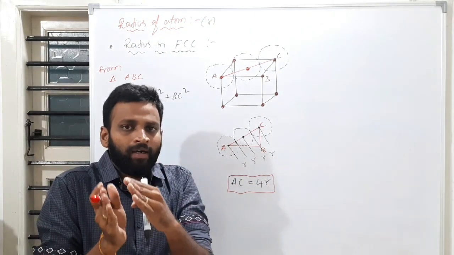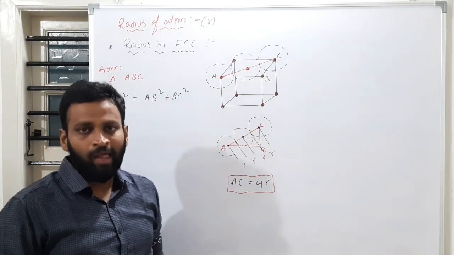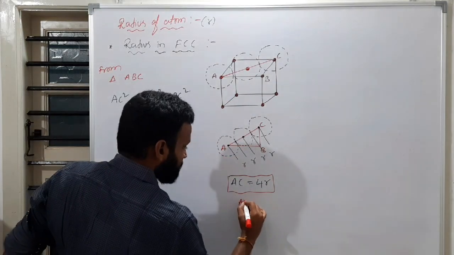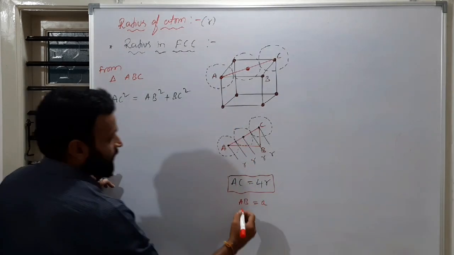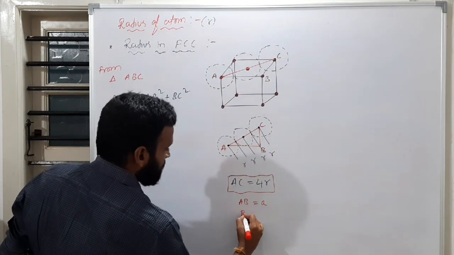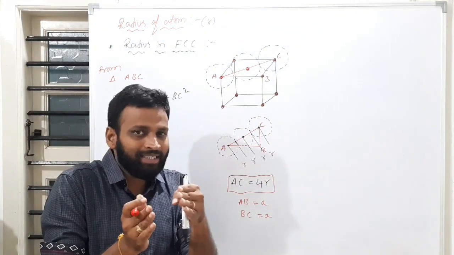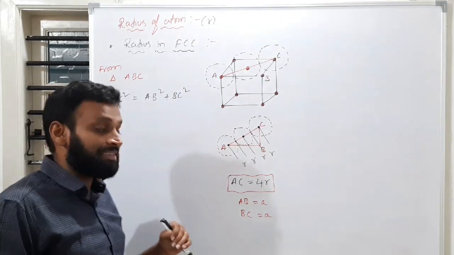What I am doing is giving the relation between the radius as well as the edge length. What is the edge length? A. So what is AB here? AB is equal to A, because I am considering a cubic. And BC is also A. In face centered cubic, I told you, all three edges are the same.